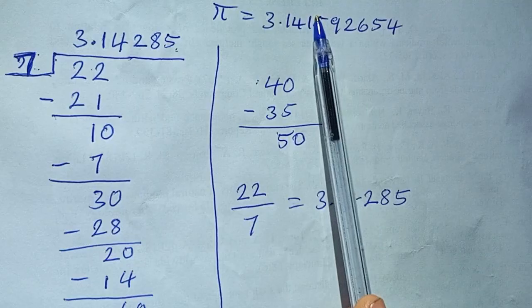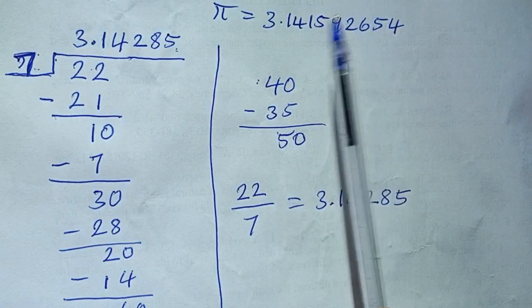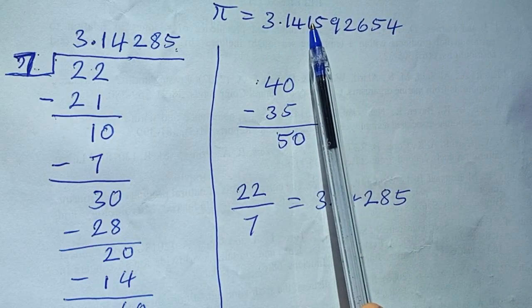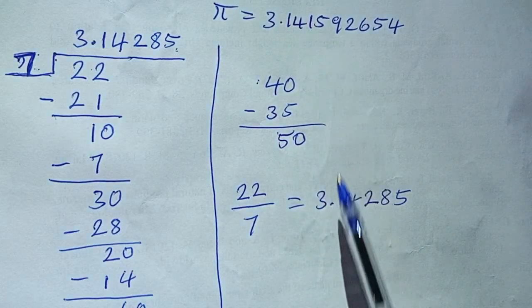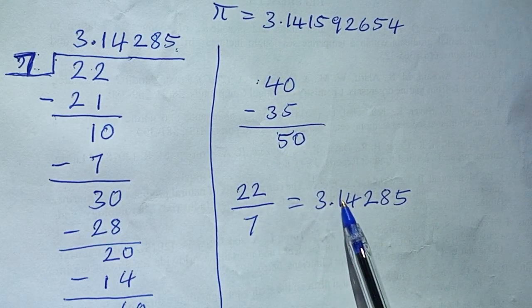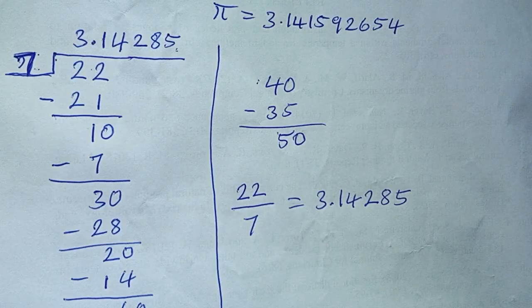When you round up 5, you change it to 1, add that 1 to this 1, and it becomes 2. So we have 3.142. That's why in some questions you see take pi to be 3.142. So that is an approximation.